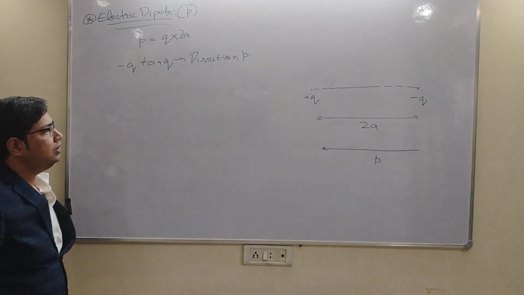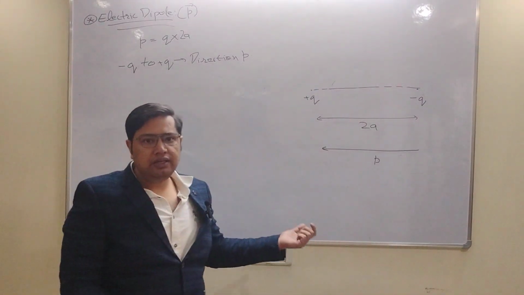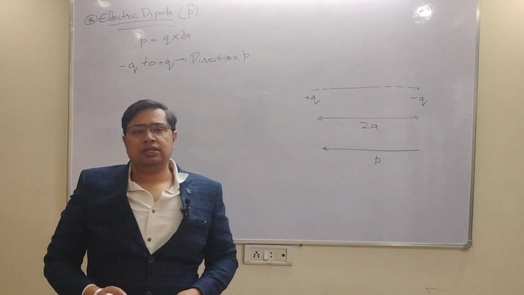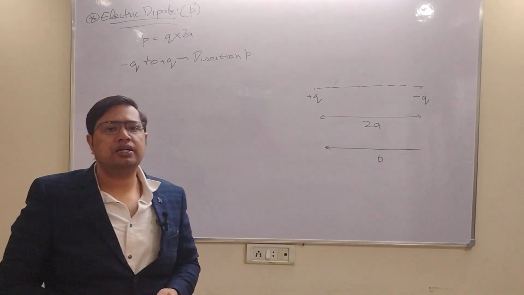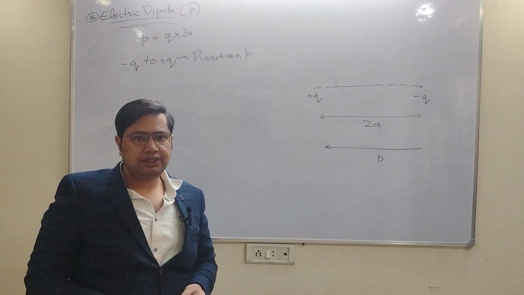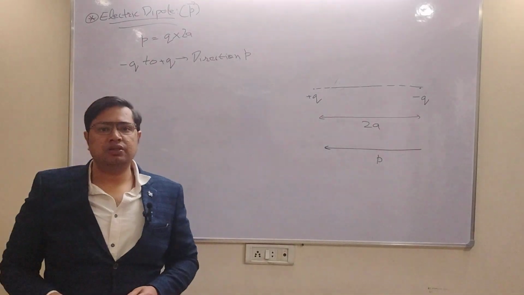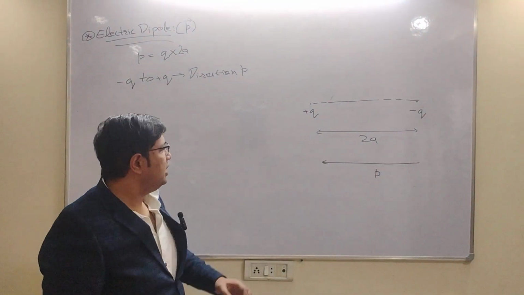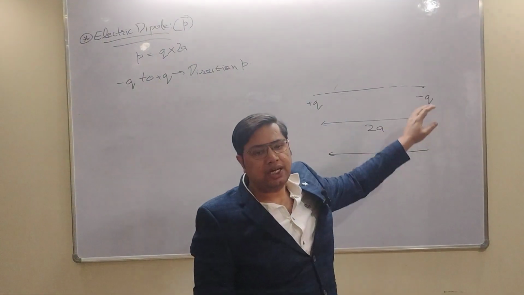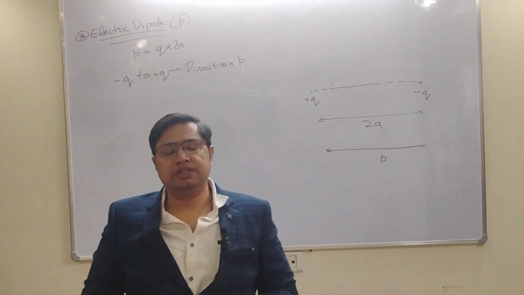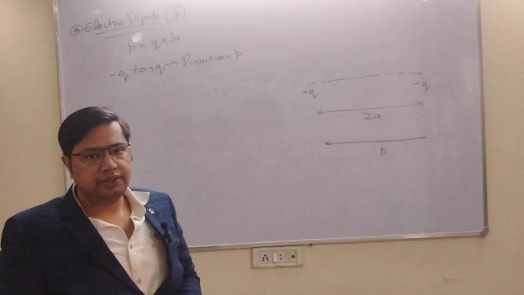So let's find out the electric field due to an electric dipole. As we all know, when we have to find out electric field due to a system of charges, we use the superposition principle. We simply find out the field due to one charge and then the field due to the second charge and add both the fields to find out the net field at a given point.